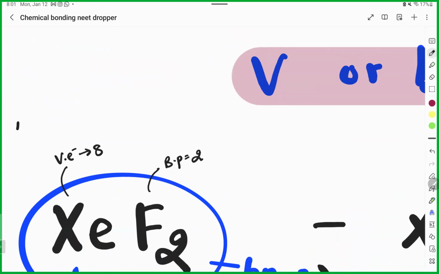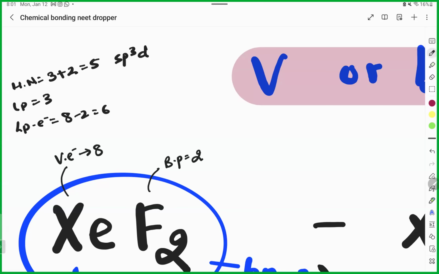So what will be lone pair electrons? 6. What will be lone pair? 3. What will be hybridization? SP3D. Now it looks easy. Yes, sir.